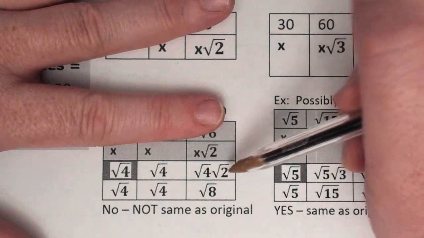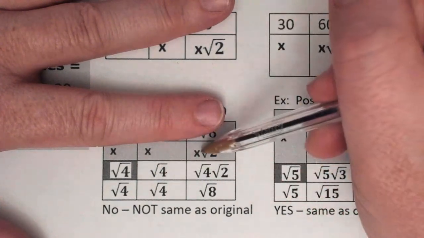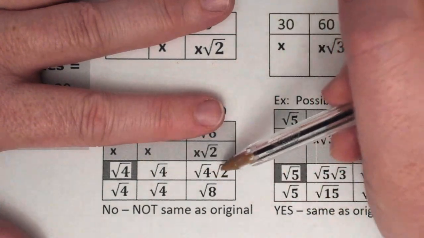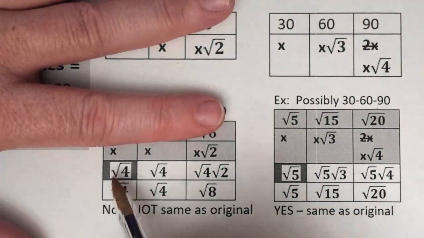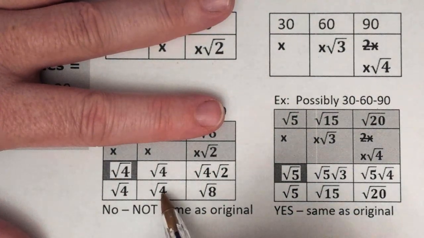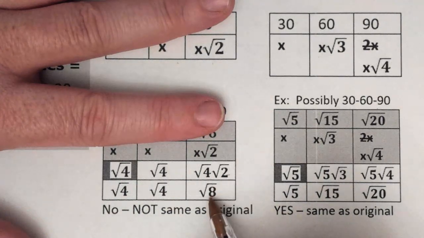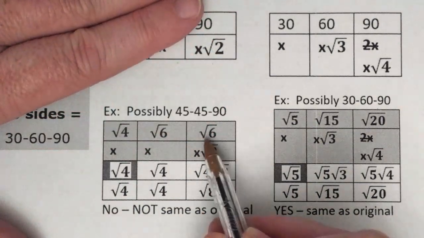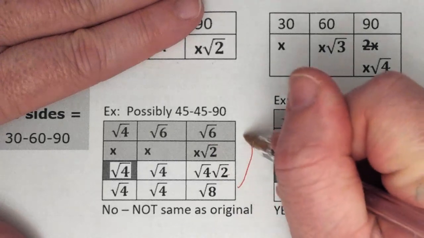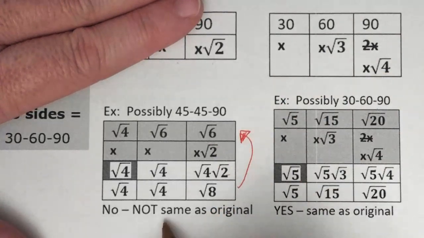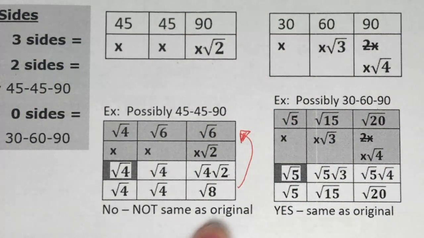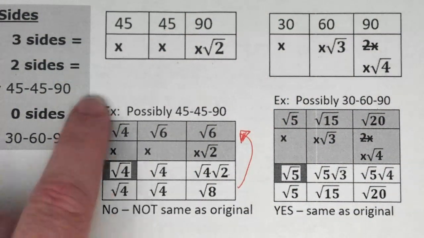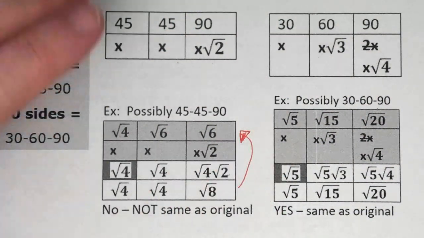And this would be square root of 4 times square root of 2. So you see how I'm plugging in x for these. So if this is x, what would these have to say? So this is still radical 4, and what's 4 times 2? 8. Now, are these the same as this? Is this the same as that? No, it's not. So this is not a 45, 45, 90.